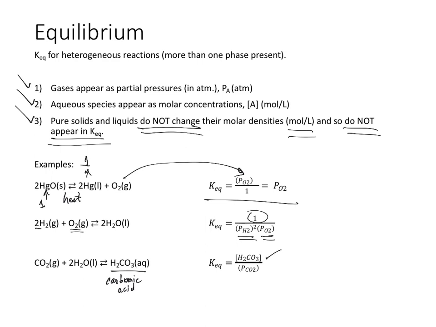My reactants are gaseous CO2 and a pure liquid. And again, pure liquids don't appear; they just have a contribution of 1. So CO2 appears as its partial pressure. So the equilibrium constant here is going to be the concentration of carbonic acid, moles per liter, divided by the pressure of CO2 in atmospheres.